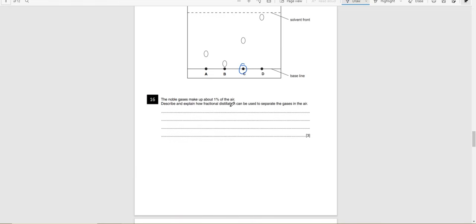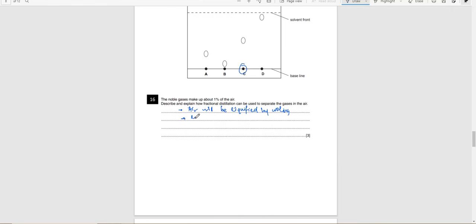Describe and explain how fractional distillation can be used to separate the gases in air. First of all, you have to tell them that air has to be liquefied by cooling.